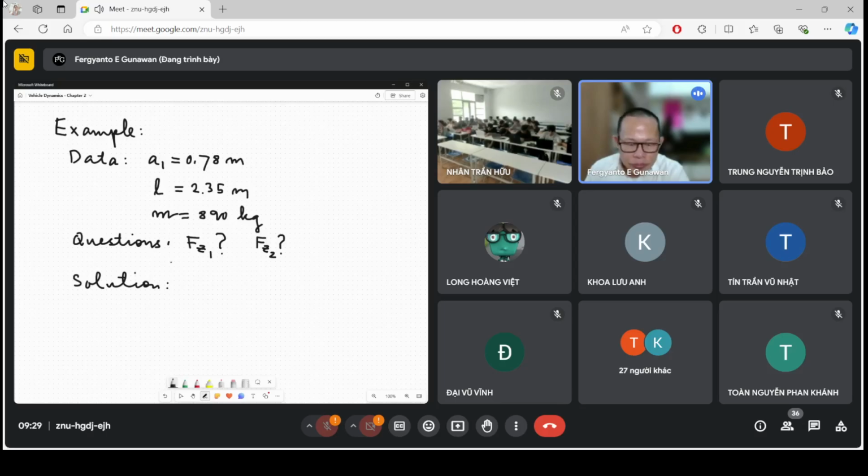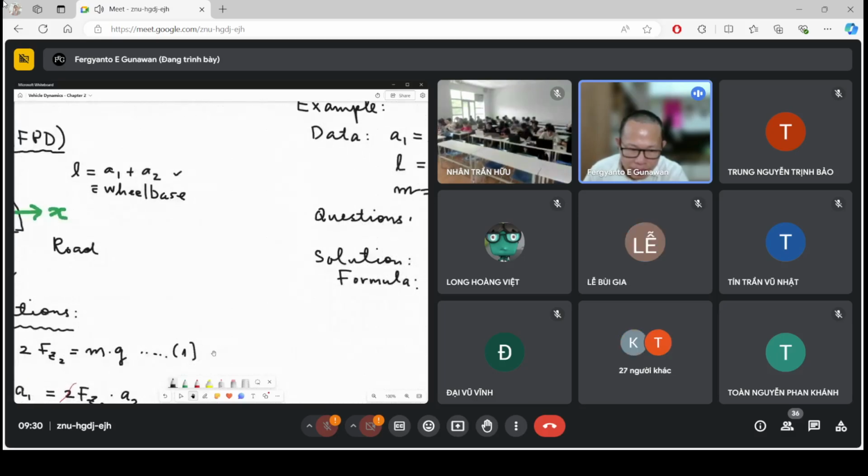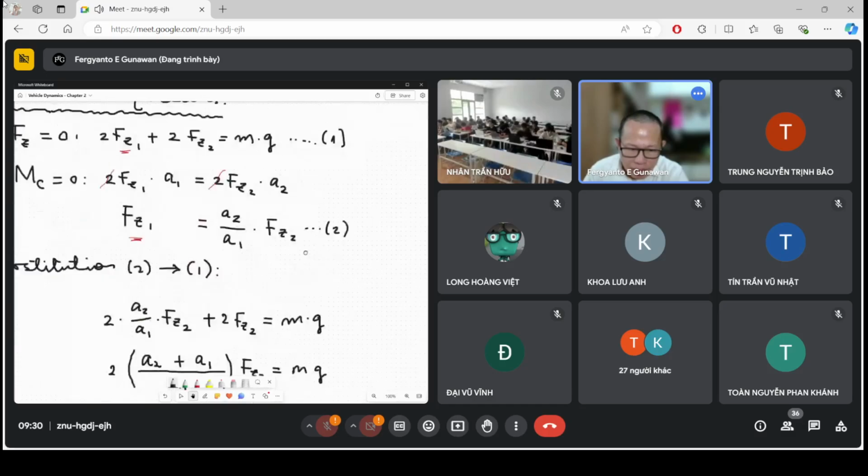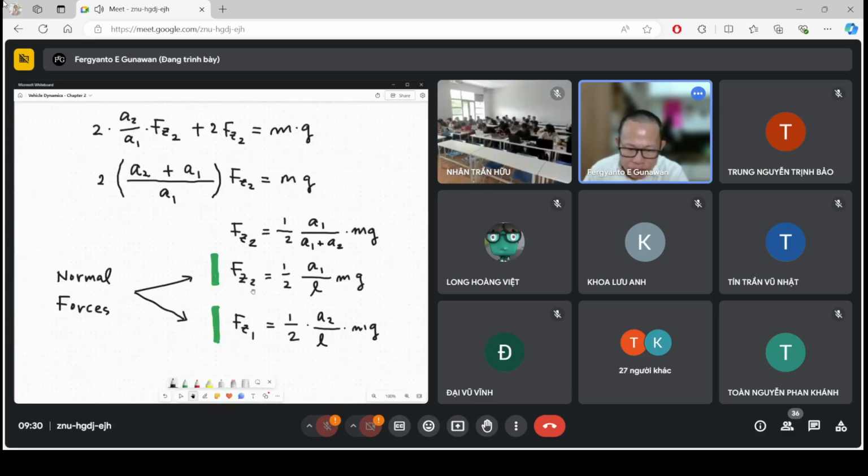The formula that we are going to use is the one that we already obtained before: FZ1 is A2 divided by L, multiplied by M multiplied by G. Hopefully I didn't mistakenly write it here.